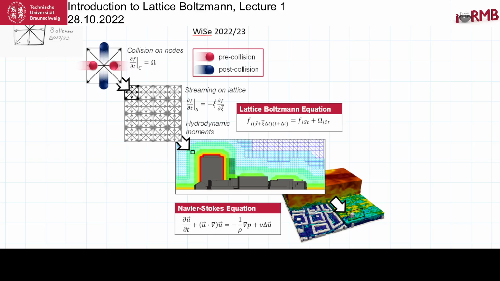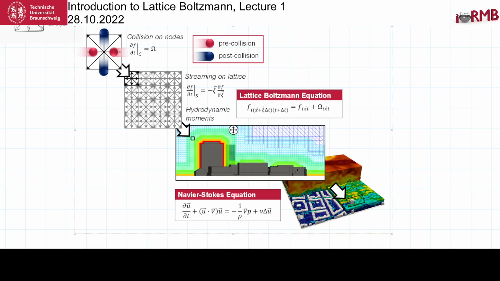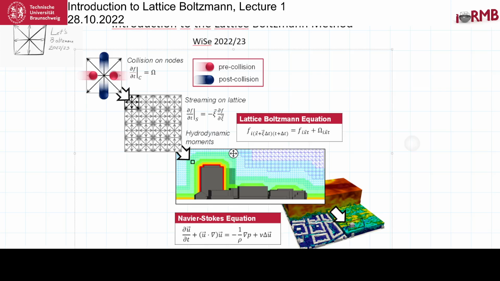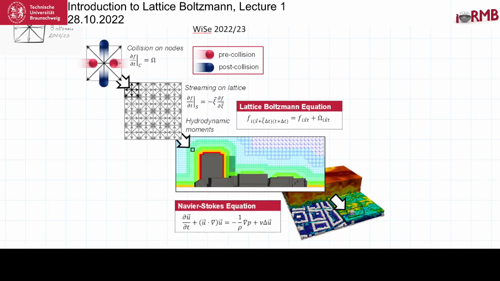We solve the so-called Lattice Boltzmann equation, which is this thing here, and which is what we learn in this lecture series. And this then gives us the movement of the air, actually solving the Navier-Stokes equation.